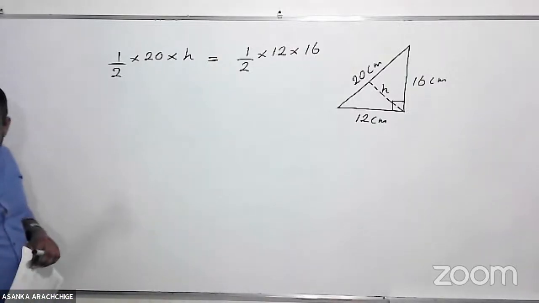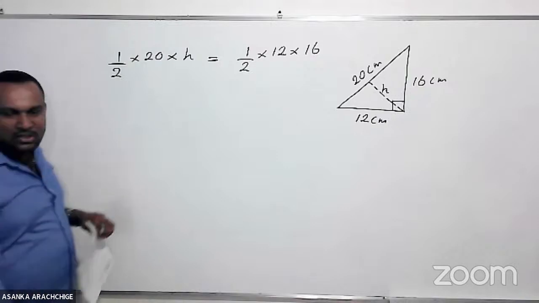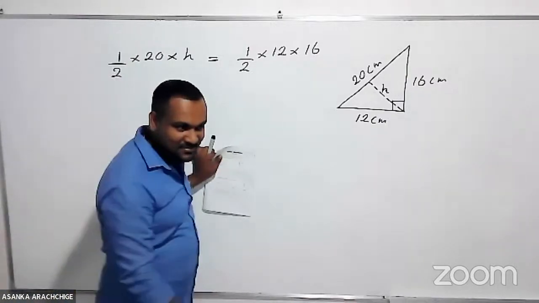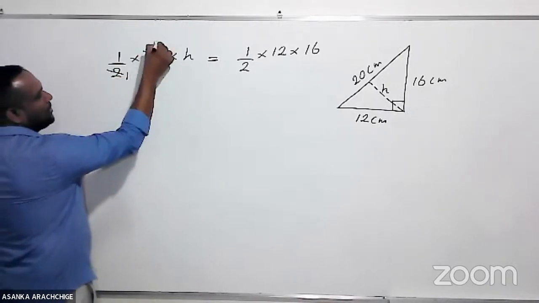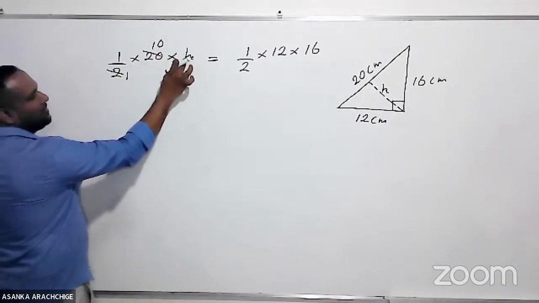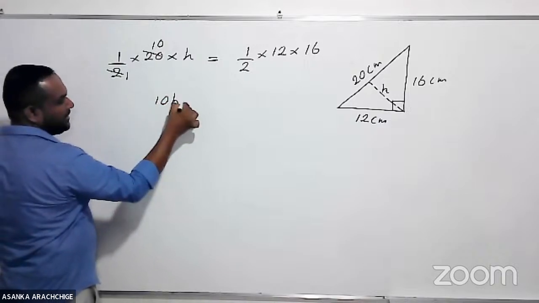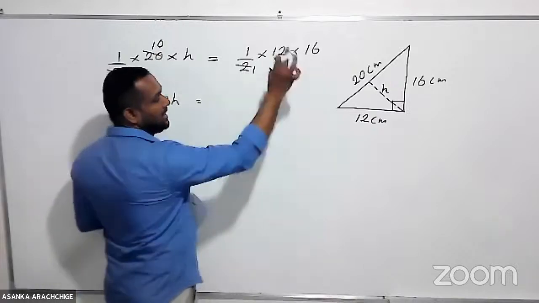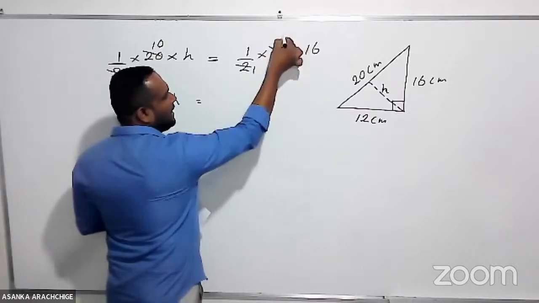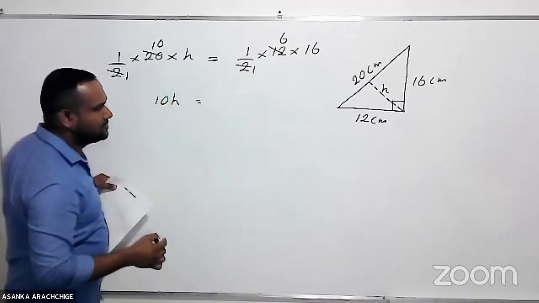Both are of the same triangle. Now, simplify. 2 times 1, 2 times 8, 10. 10 times h, 10h equals 2 times 1. You can cut either 12 or 16. I cut 12. 2 times 6.